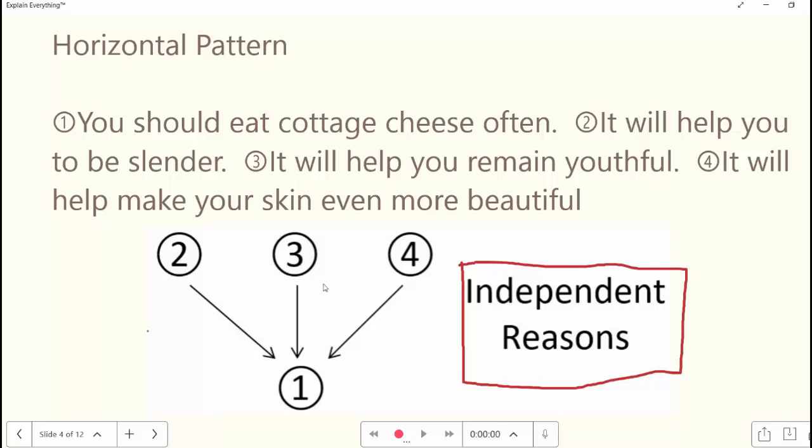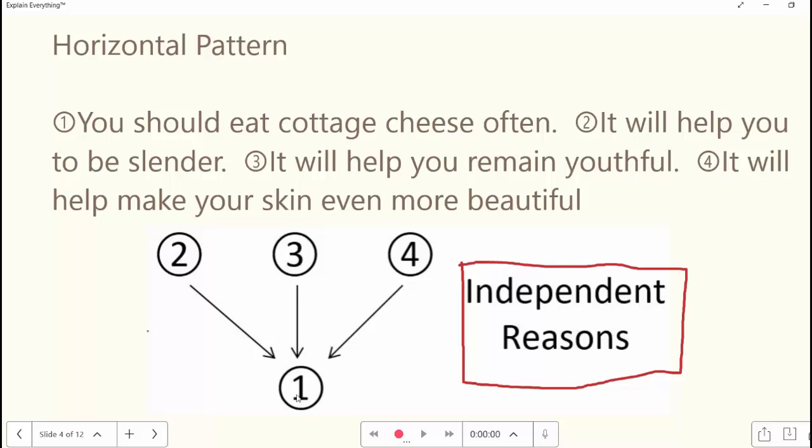Now, they are working together in the sense that they're all being piled on top of 1, right? It would be like a simple type of reasoning task, deciding whether you want to eat cottage cheese or not, where you just list all the pros and the cons, and you try to think about whether the pros outweigh the cons.